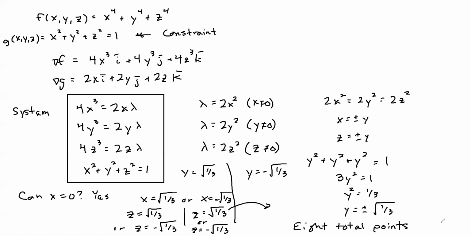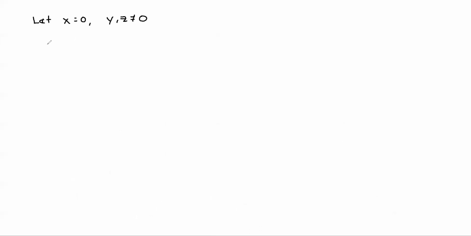So we're going to have 4y squared equals 2y lambda, 4z squared equals 2z lambda, and then y squared plus z squared equals 1. Right? And then x is 0. So x is not just gone. It didn't just disappear. X is 0, and then all the rest of this.